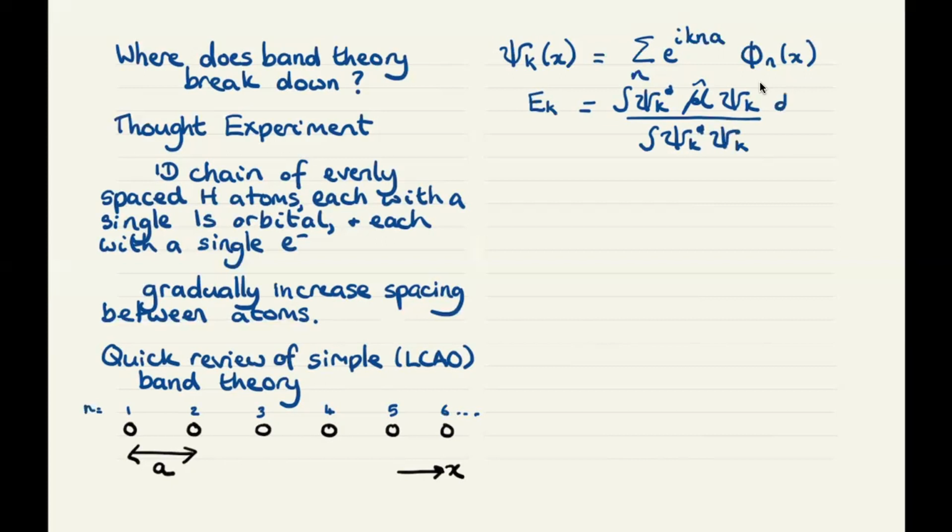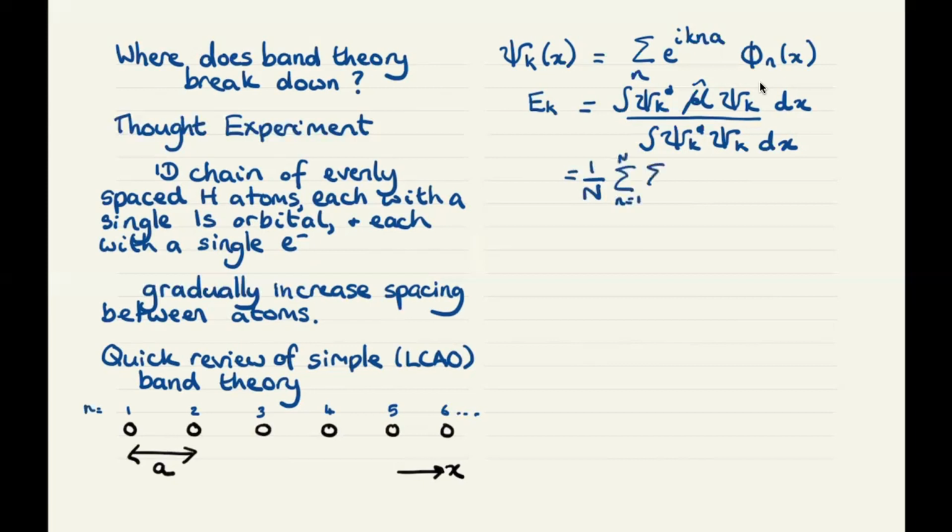And this integral in this case will be over x because we're in one dimension. If I substitute this form for the wave function, then our energy is 1 over N, where N is the total number of atoms, sum over n equal to 1 to N.